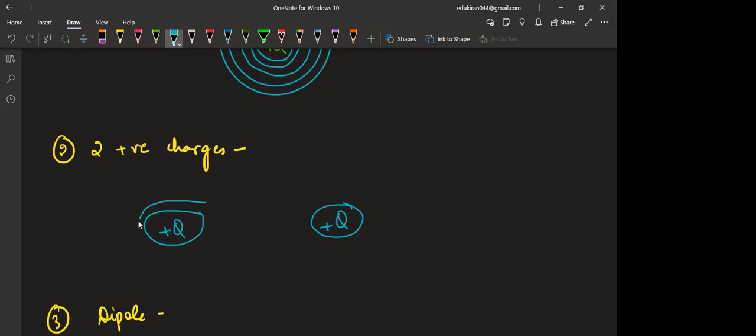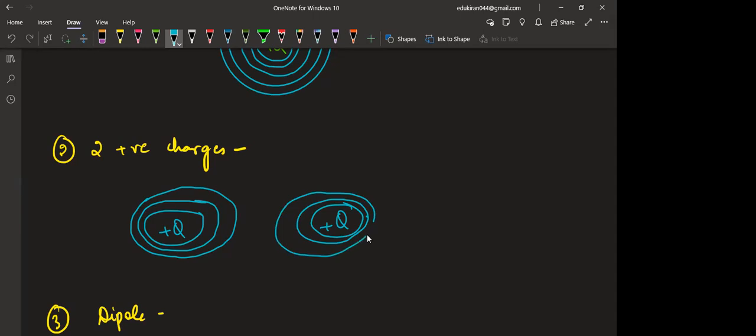This will be closer at the far away end and there will be a larger gap here, like this. This is how you'll draw.